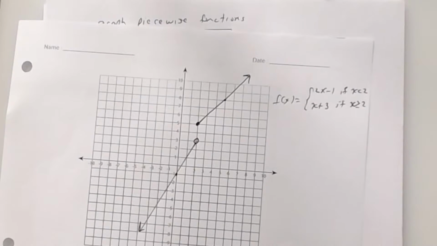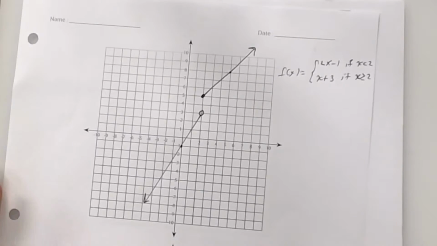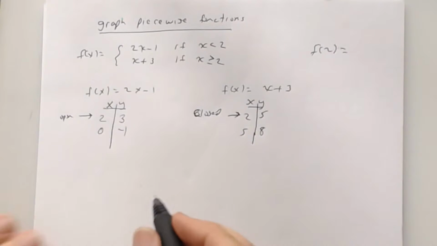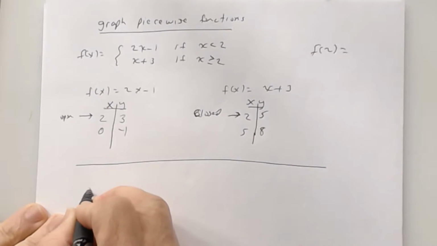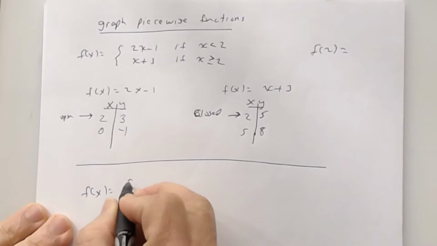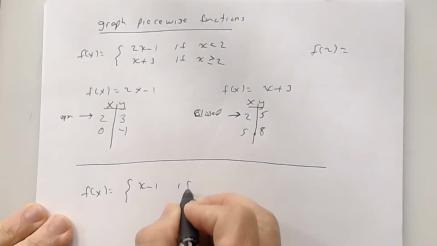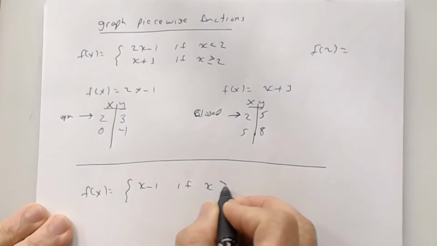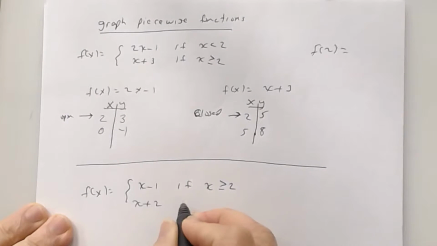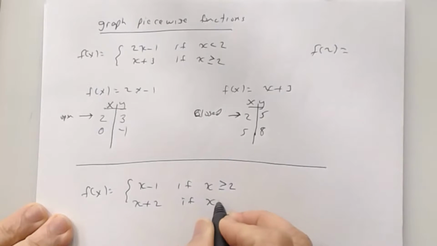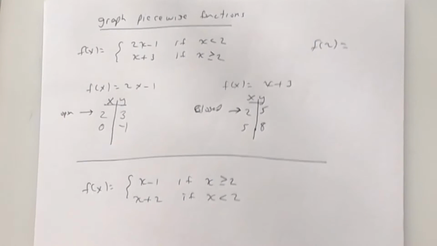All right, let's look at another one. Suppose this time my function is x minus 1 if x is greater than or equal to 2, x plus 2 if x is less than 2.